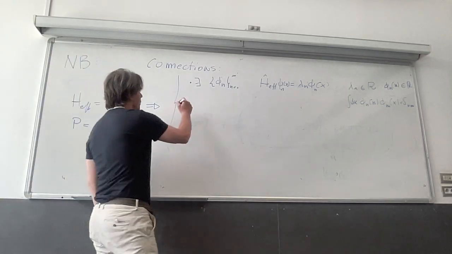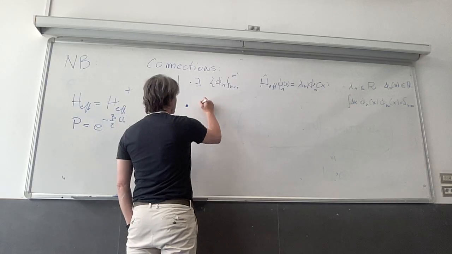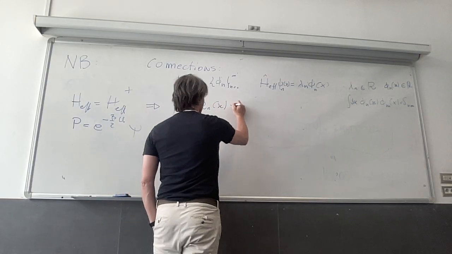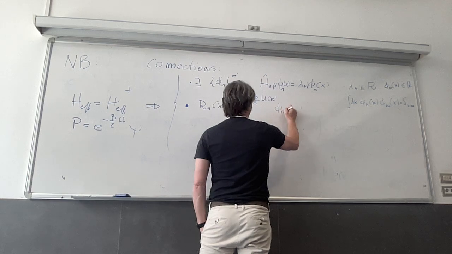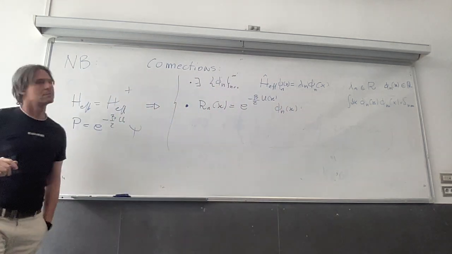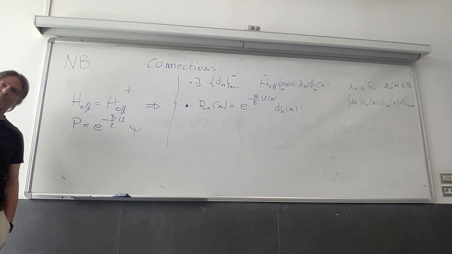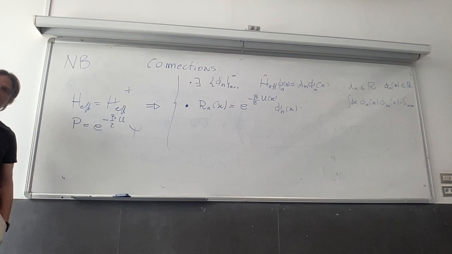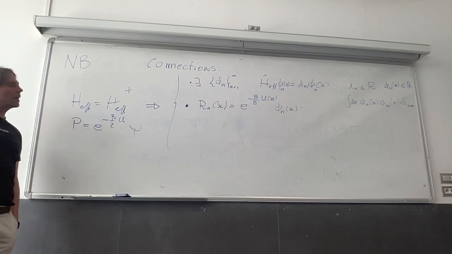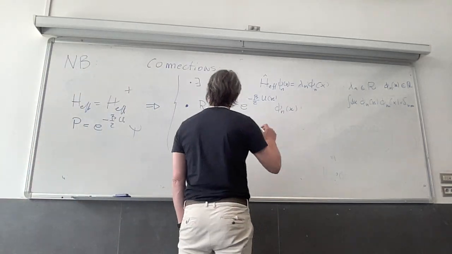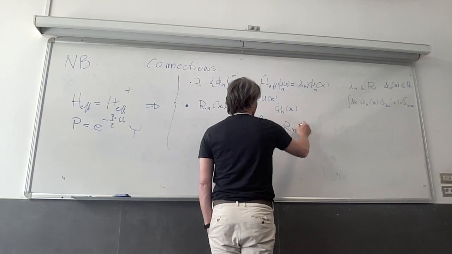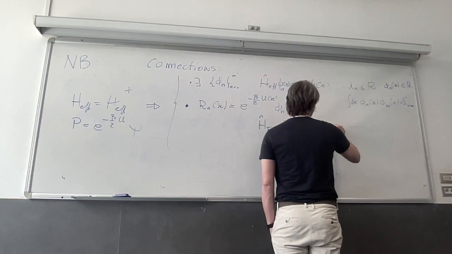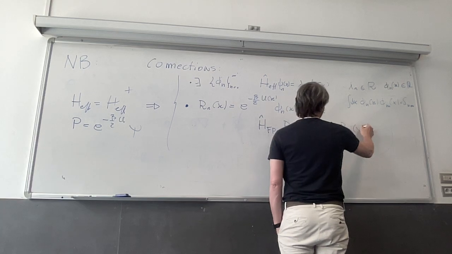So the second property that I want to emphasize is that if I call R n of x equal to e to the negative beta half u of x phi n of x, then H Fokker-Planck acting on R n of x is equal to lambda n R n of x.